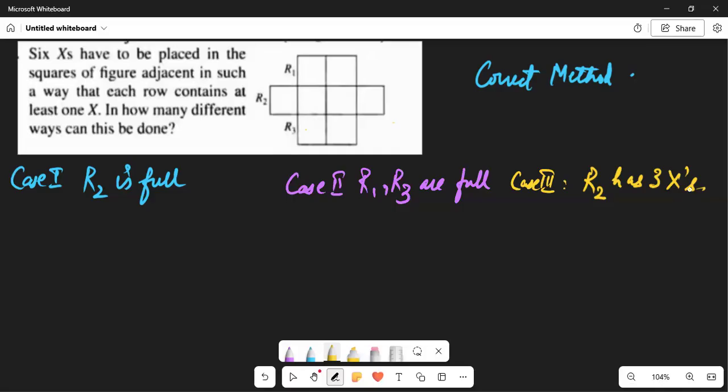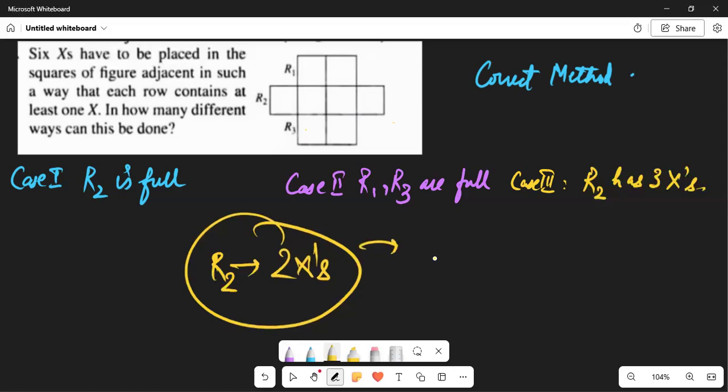There cannot be any other case, because if you think of filling only 2 x's in row R2, then you will have 4 x's remaining.